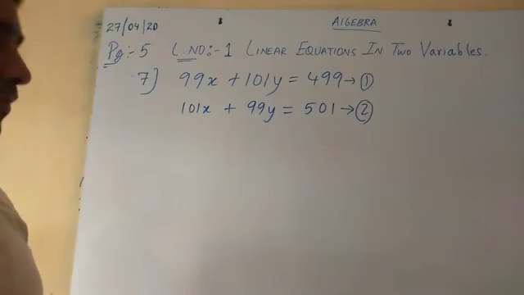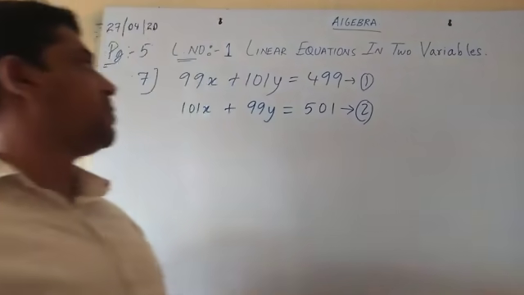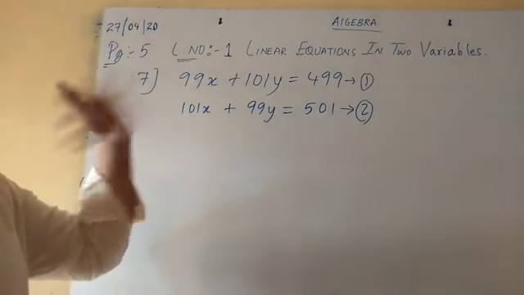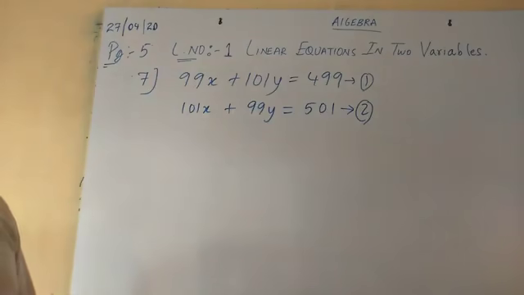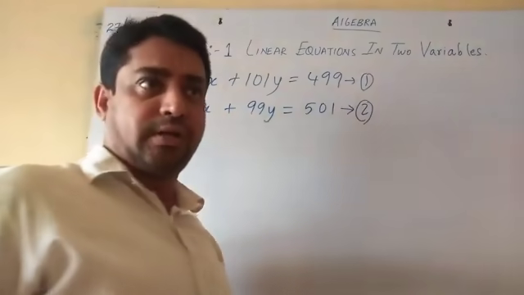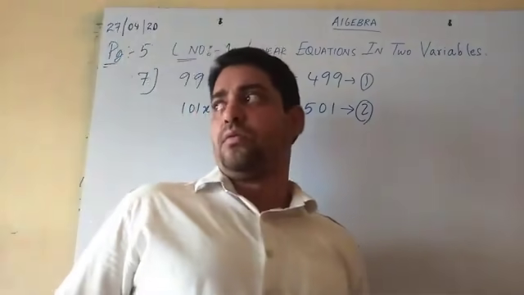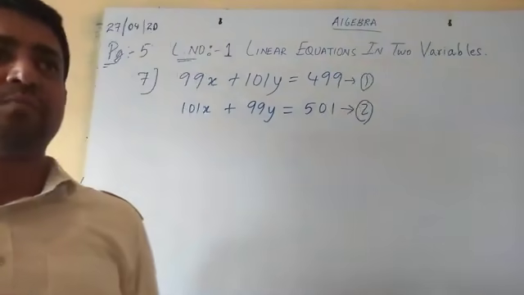Now what is to be done? Very simple, easier than the first and second. We will have to add both the equations and subtract both the equations. Previously we had either added or subtracted, but here we will add also and subtract also. Once I add, I will get equation number 3.